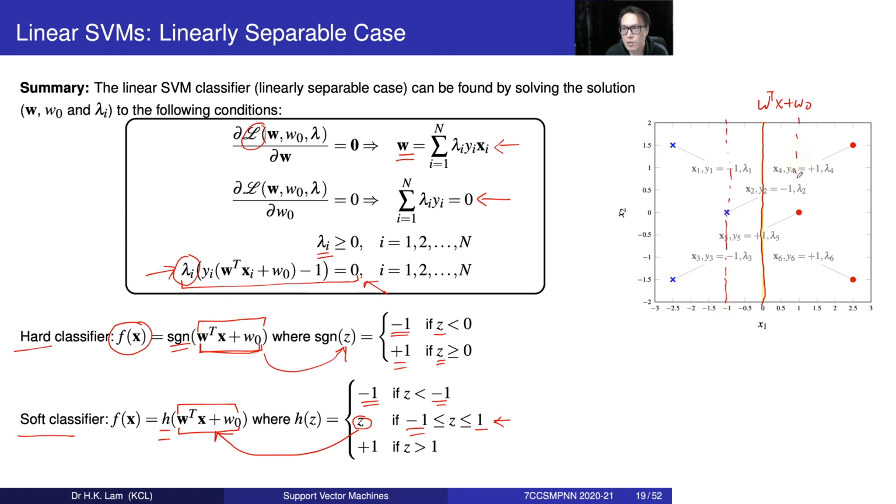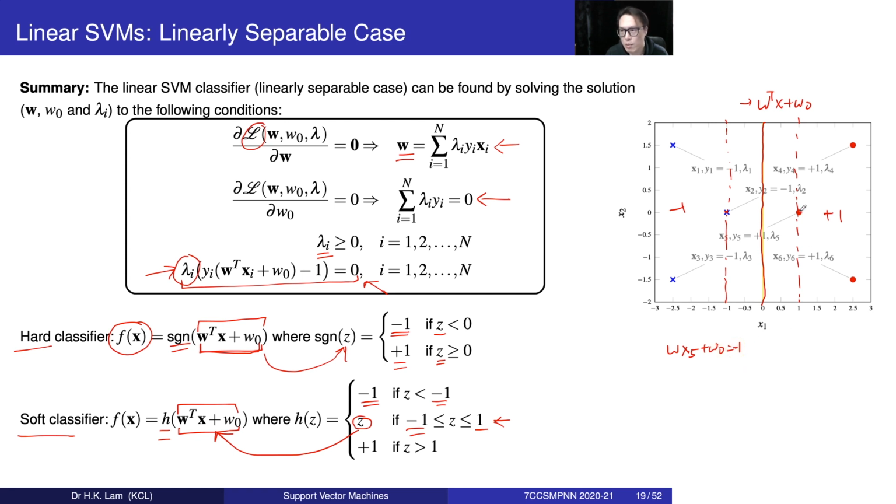Because this is +1 and this is -1, when you substitute x5 into this function, Wx5 plus W0, it will give you -1.